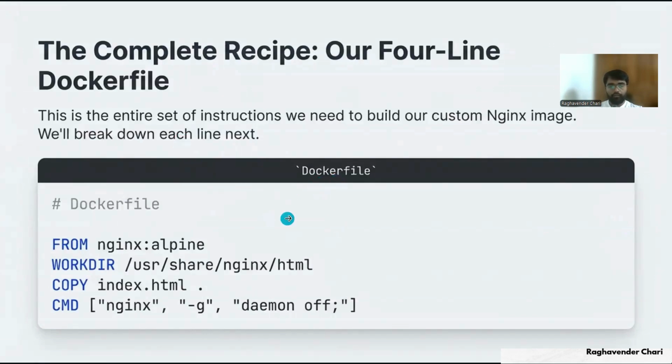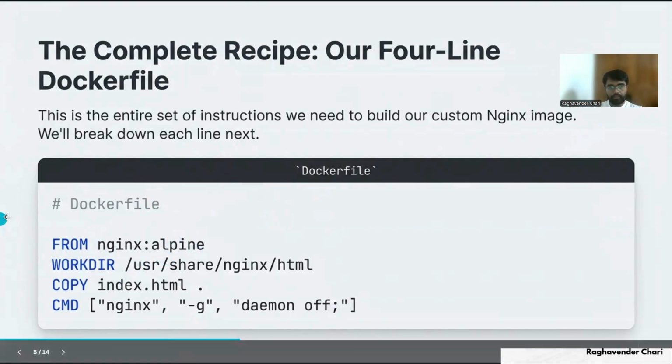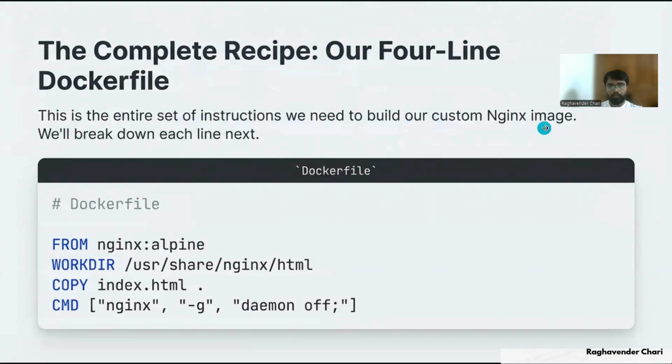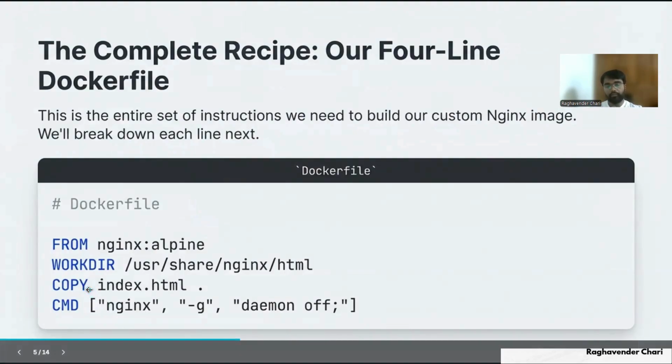Now the important part, we need to create the Dockerfile. Here is a simple Dockerfile: FROM nginx. We are using Nginx Alpine, which is used to make Nginx lightweight. This is the entire set of instructions we need to build our custom Nginx image. We'll break down each line next.